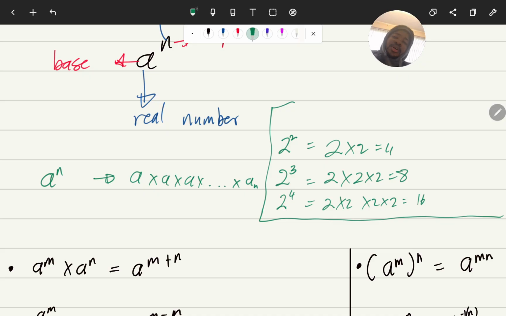Right. So that is what an exponent actually is, or that's what it means.